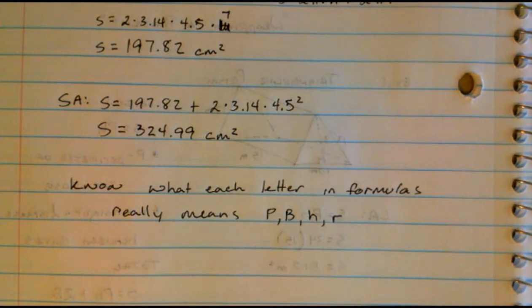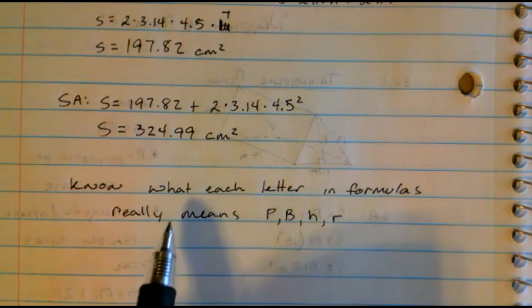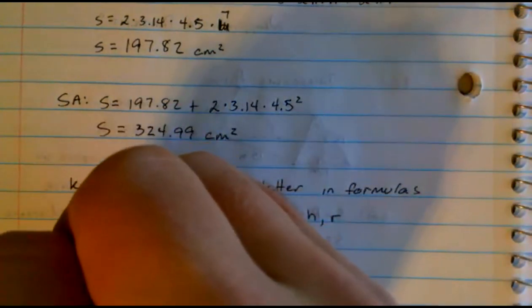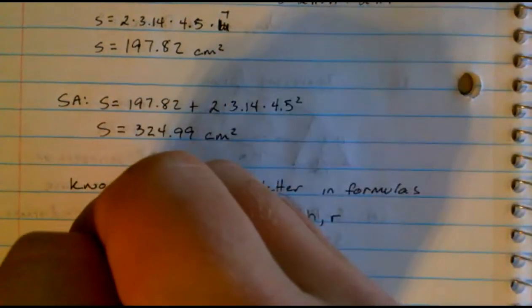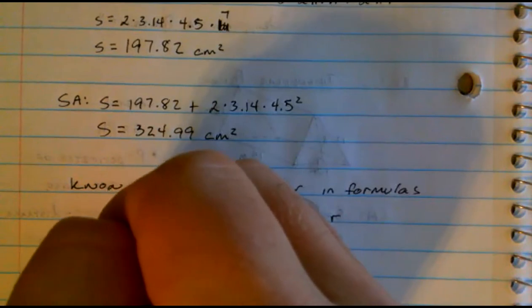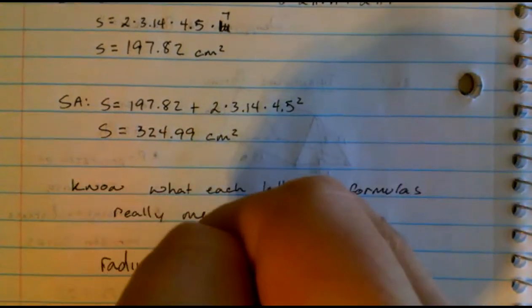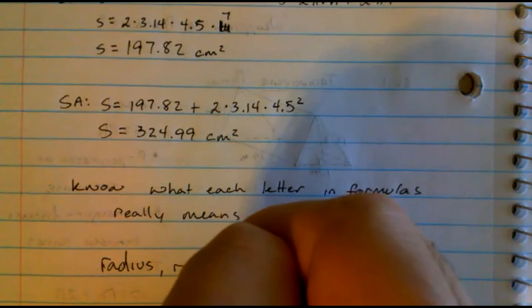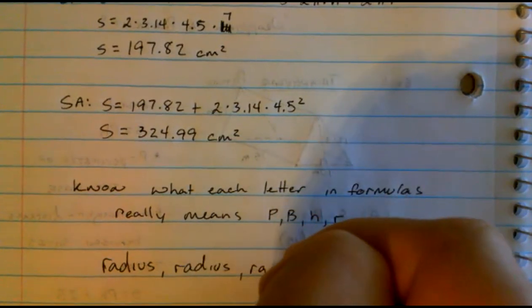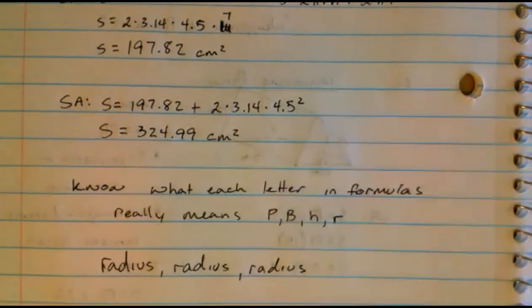And also the capital P is the perimeter of the base, and capital B is the area of the base. Those are the two. And then I would say radius, radius, radius. Those are the big takeaways for us.